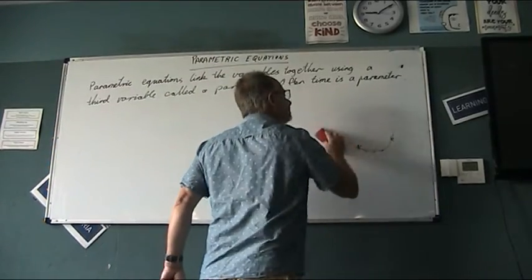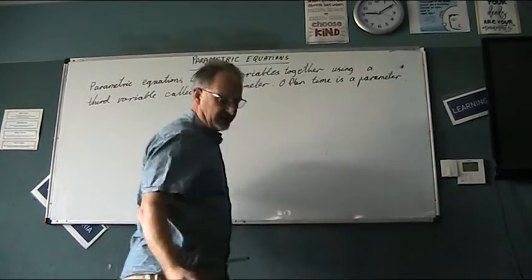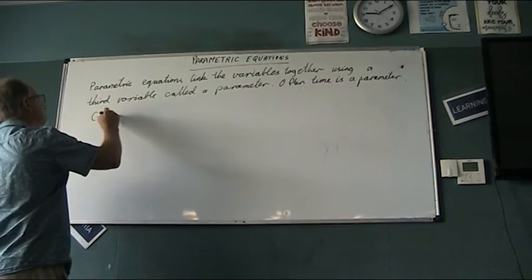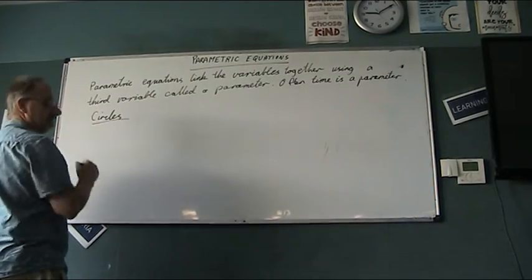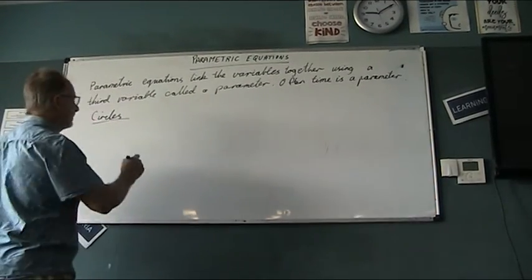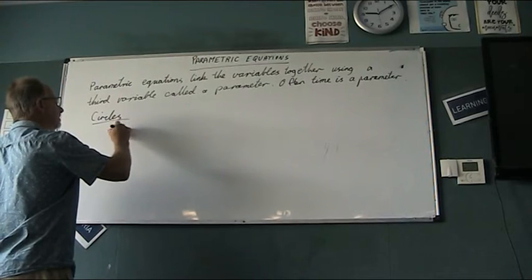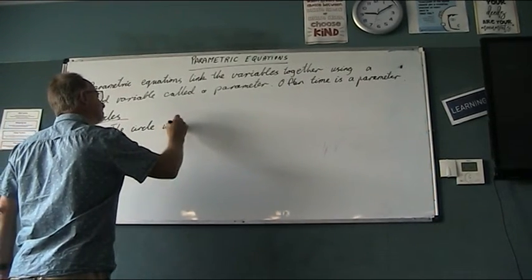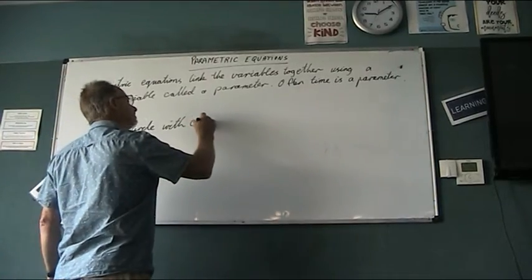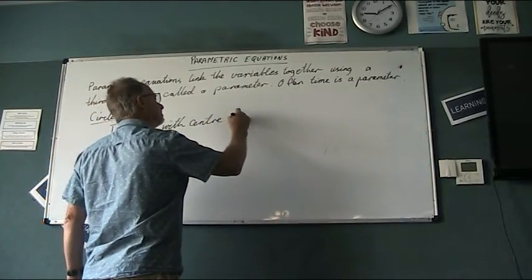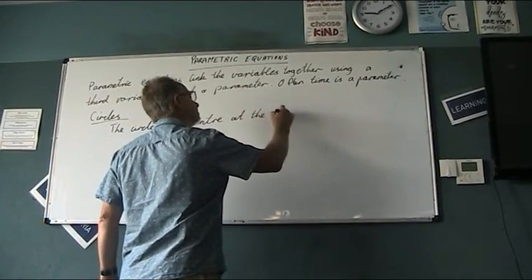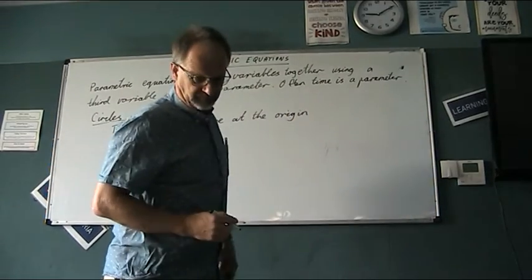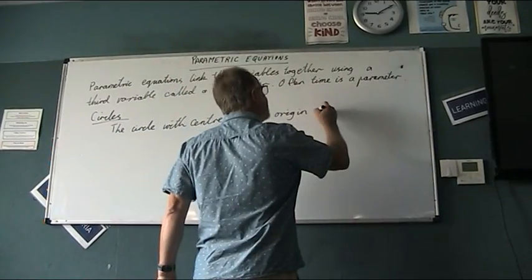Alright, so if we put those things together, so circles, we're looking at the circle with the centre at the origin and radius a.